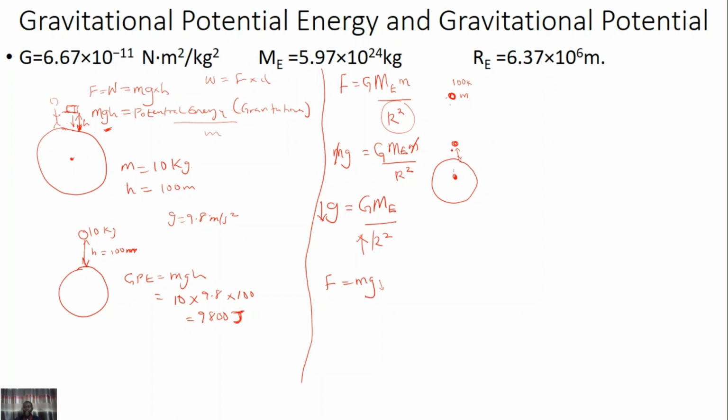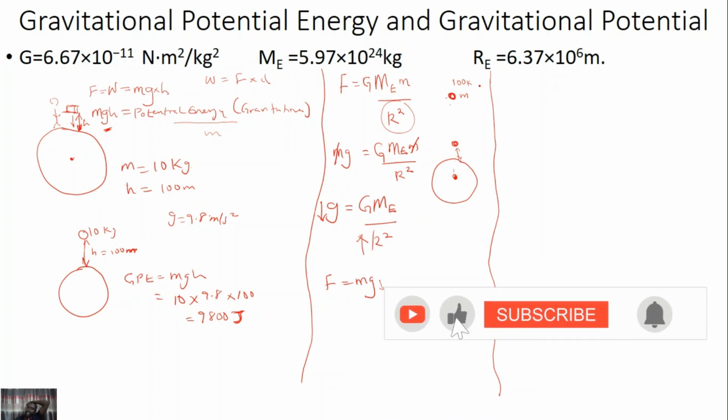The farther away the body is from the earth, the lower the gravitational force. So therefore, what is the formula that you will have to use when the distance between the body and the earth is significant?